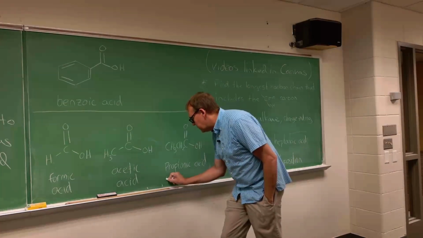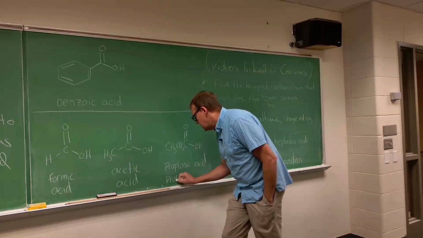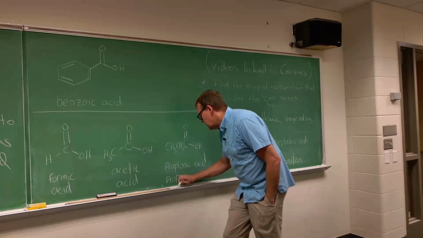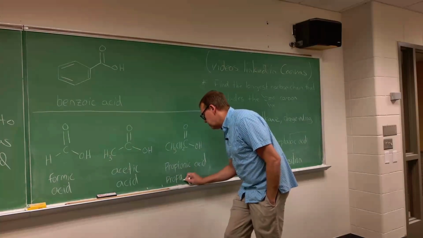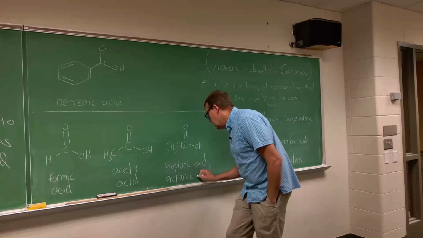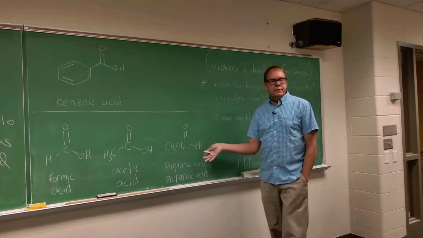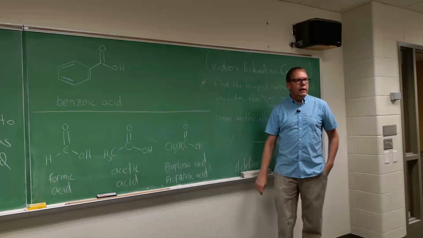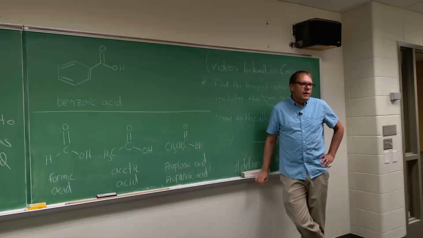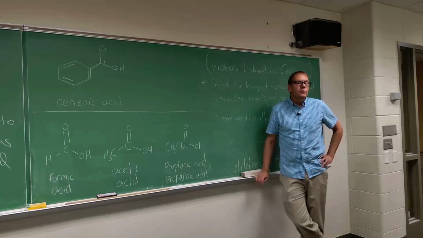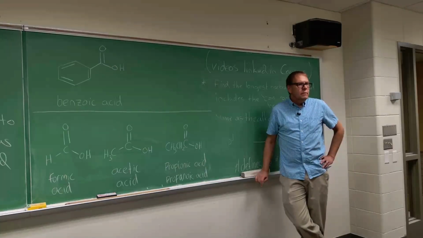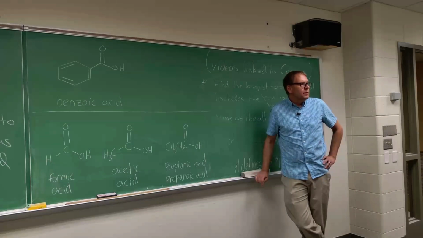So I just want to put down here propanoic acid. These are synonyms. It's just aliases for the same molecule. And a lot of times molecules have lots of names. If you look at PubChem and look up a molecule, sometimes you'll see many, many different names for a given molecule.